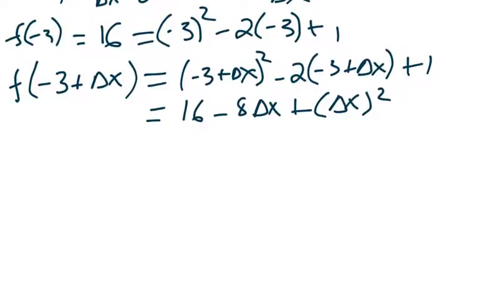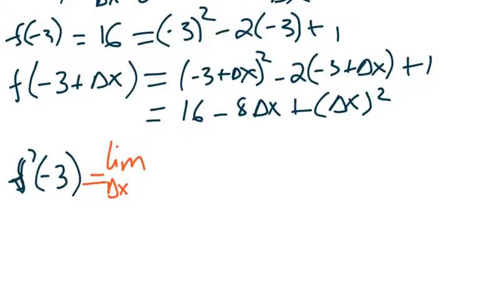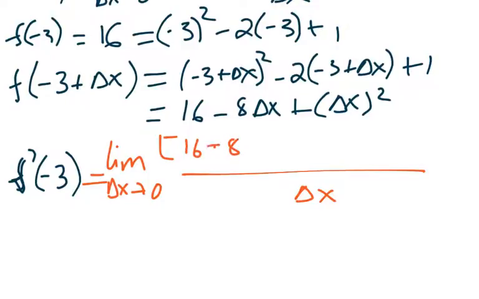Okay, so now what we want to find is the slope at negative 3. So that's the notation, f prime at negative 3. That's the slope at negative 3. So that would be the limit as delta x approaches 0 of [the first function, 16 minus 8 delta x plus delta x squared, minus f of c, which is f of negative 3, which is 16] over delta x.